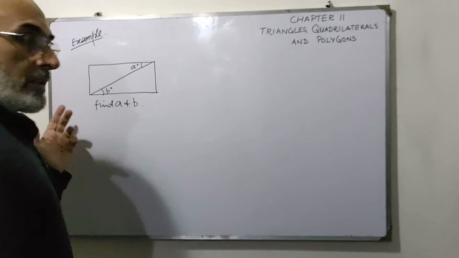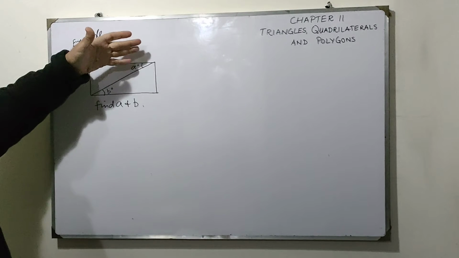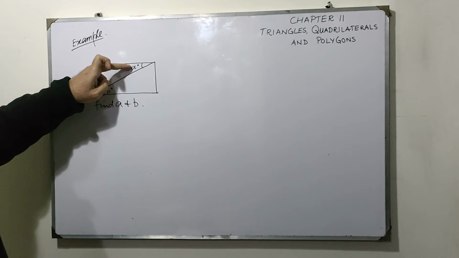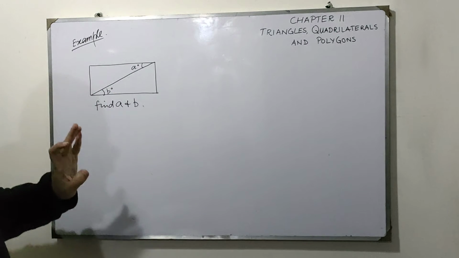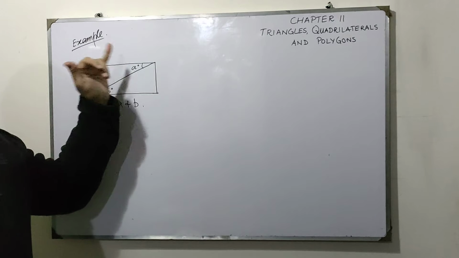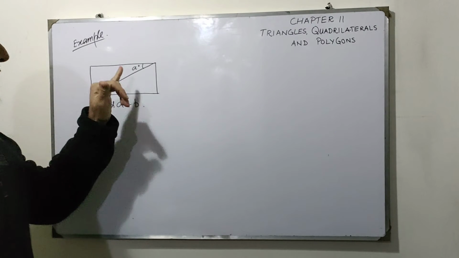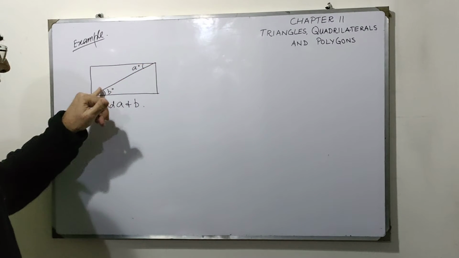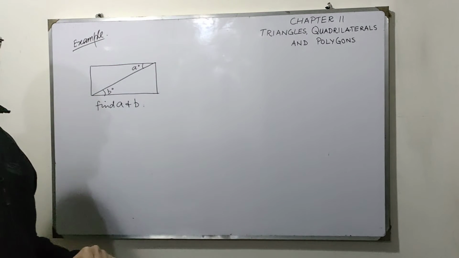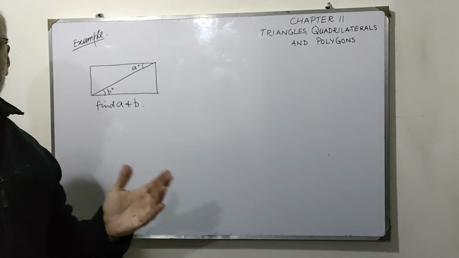So here we have another rectangle, and there's a diagonal. We have to find angle A and angle B. Now, first of all, since we know opposite lines are parallel, and when parallel lines are intersected by a transversal, opposite alternate angles are equal.